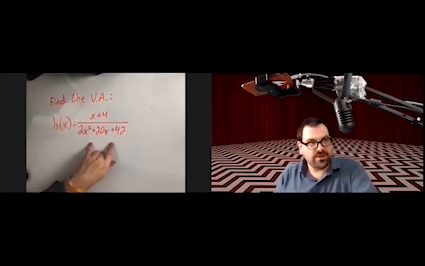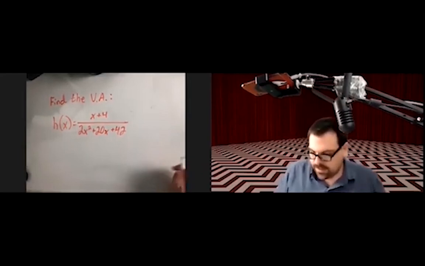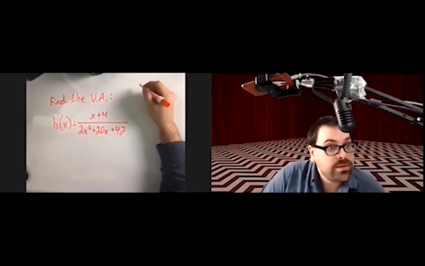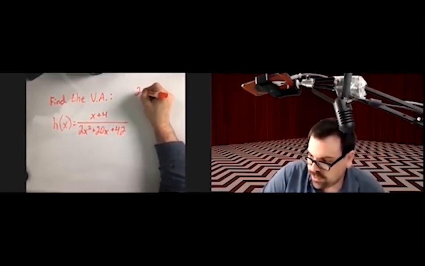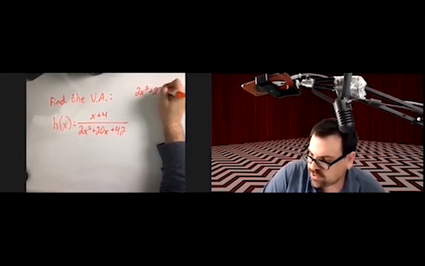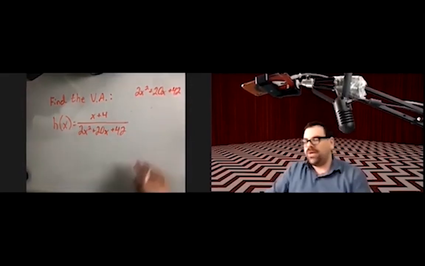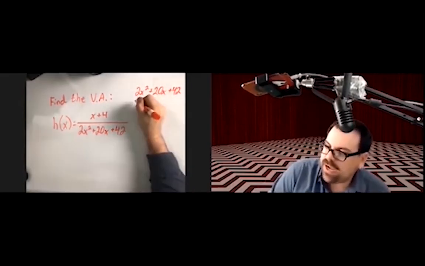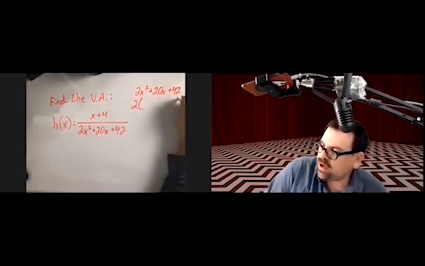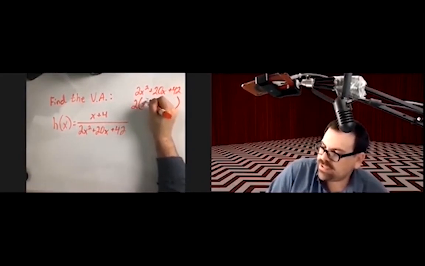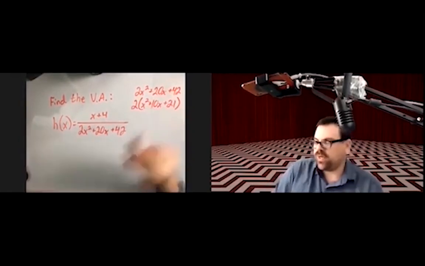If we factor the bottom, and I'll do this over here, 2x squared plus 20x plus 42. We need to factor the 2 out first. We see we have a common factor, bringing us to x squared plus 10x plus 21.